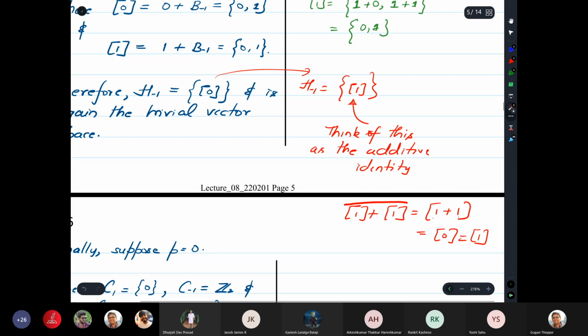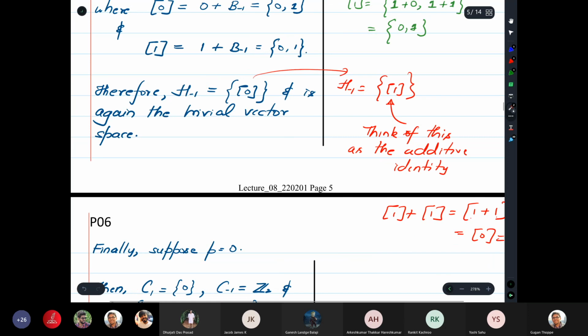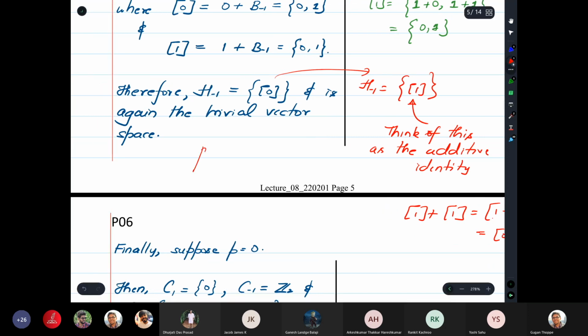And hence one can see that this relationship holds true, and consequently one can think of this 1 as the additive identity itself. Hence one can conclude that this H minus 1 is actually a trivial vector space. Is this okay? So from this one can conclude that beta minus 1 again turns out to be 0.